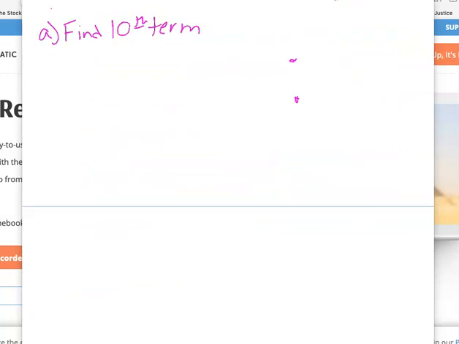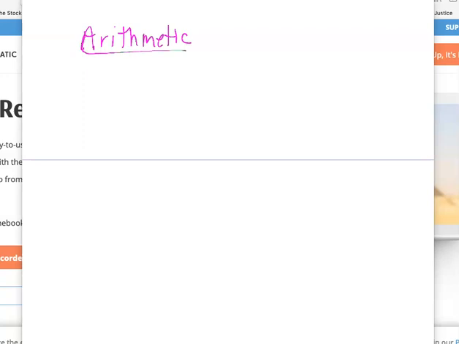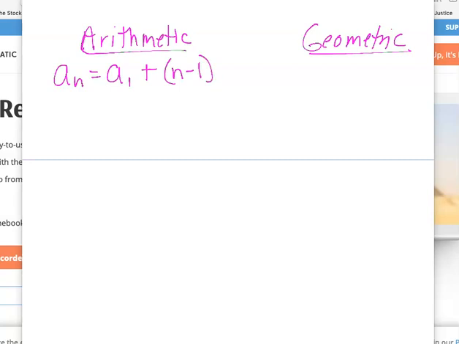So if we were to summarize this, if we needed to write any term here, the nth term, we have a different way to find it for arithmetic and geometric. So arithmetic, to find any term, we start with the first term, and then we add our difference n minus 1 times.